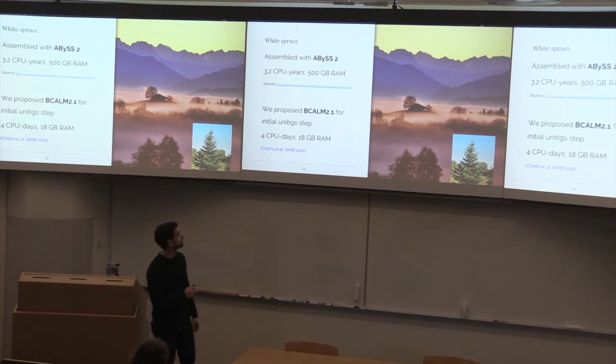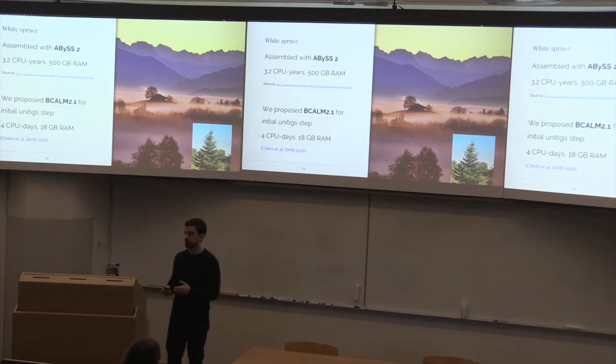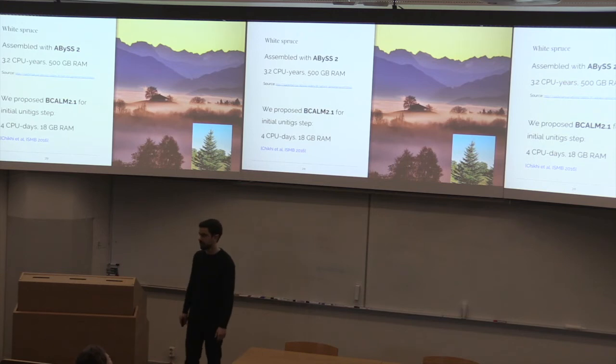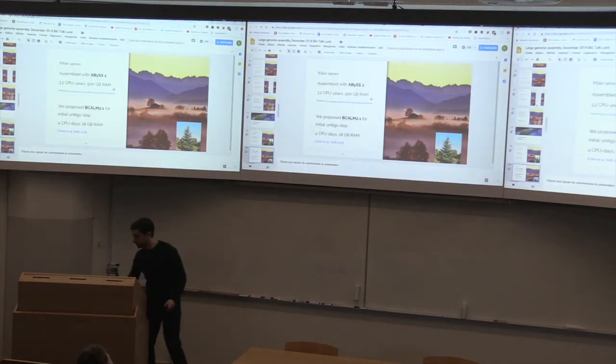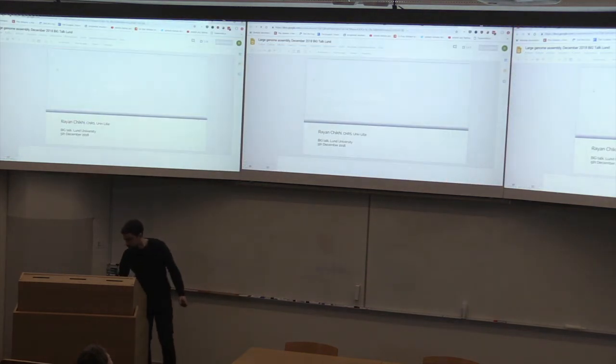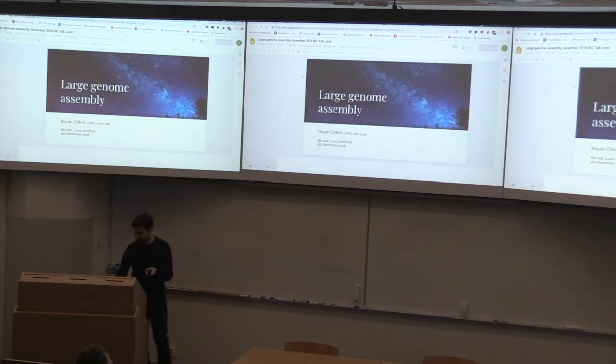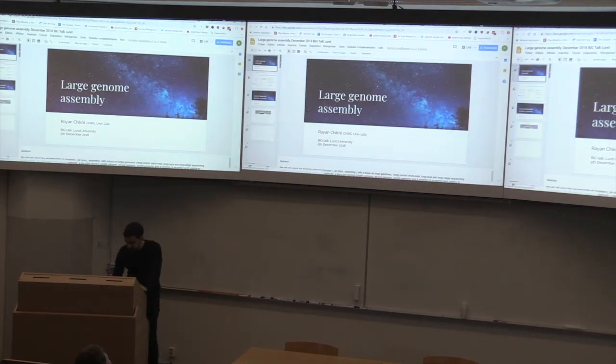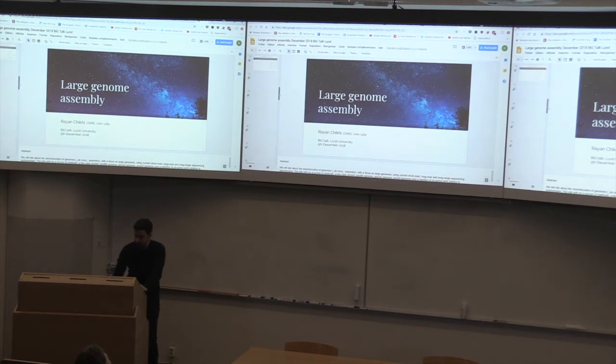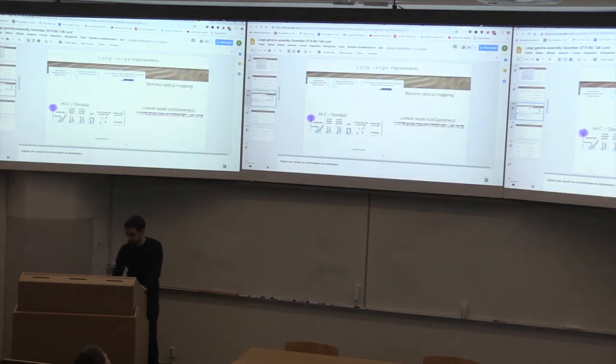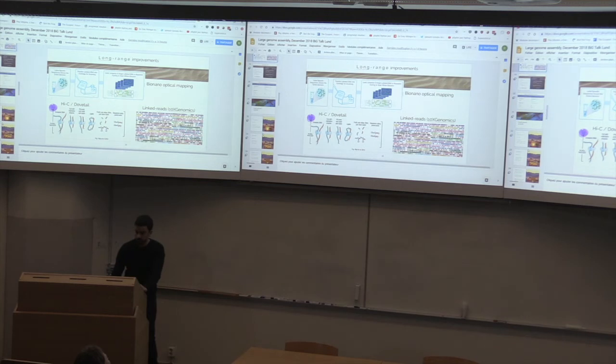So we saw this, and we said, OK, that's nice, but can we do a little bit better in terms of performance only, not in terms of quality? So we proposed a software called BiG, which does part of what ABySS does in terms of assembling, but not all of it.